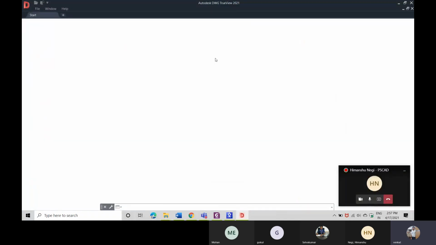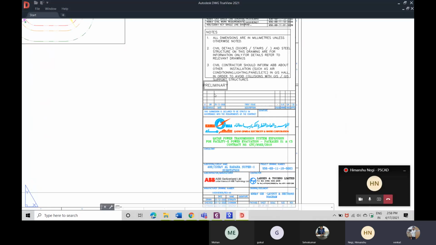It is a complete GIS model, the 3D view of the GIS. Oh, it's a 3D view, right?